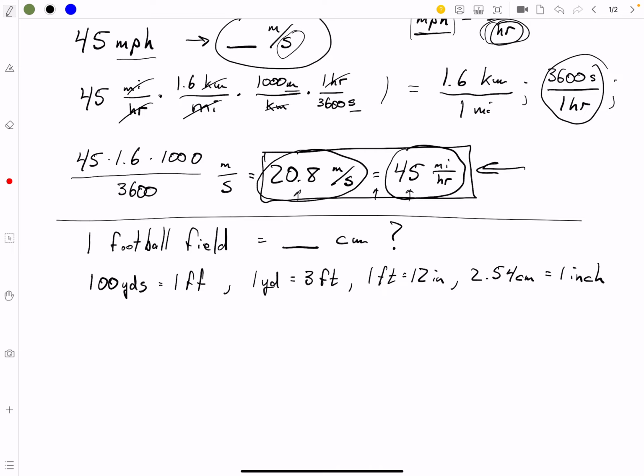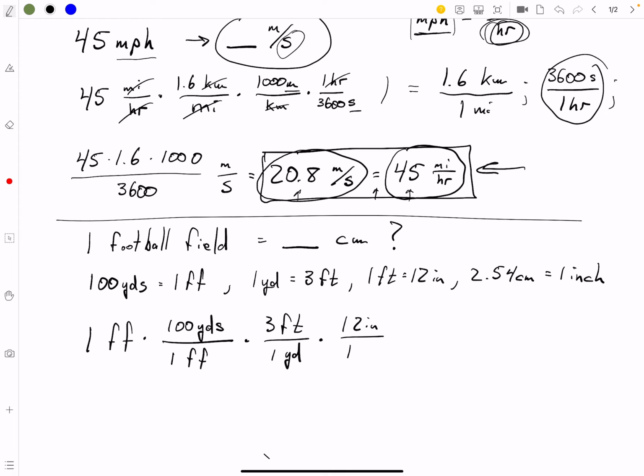Okay, so you're back. What are we going to do? We're going to say 1 football field. We're going to multiply that by 100 yards. We're going to divide that by 1 football field. We're going to multiply that by 3 feet. We're going to divide that by 1 yard. We're going to multiply that by 12 inches.